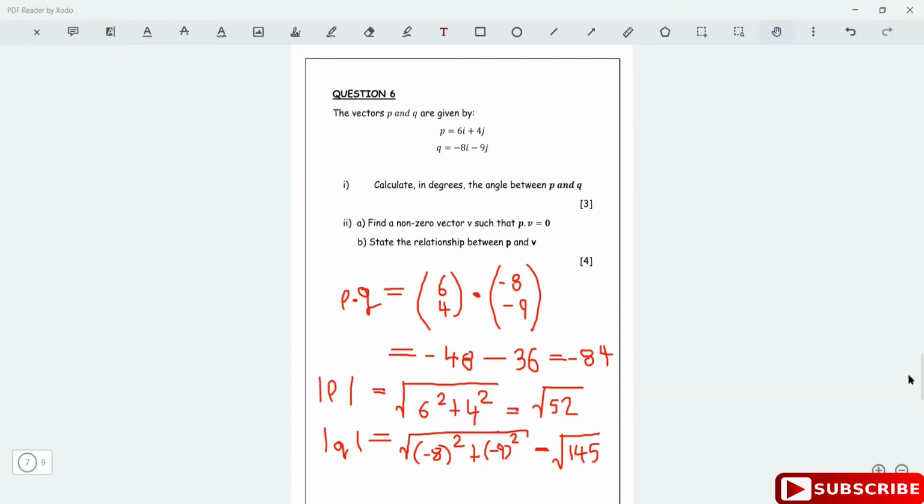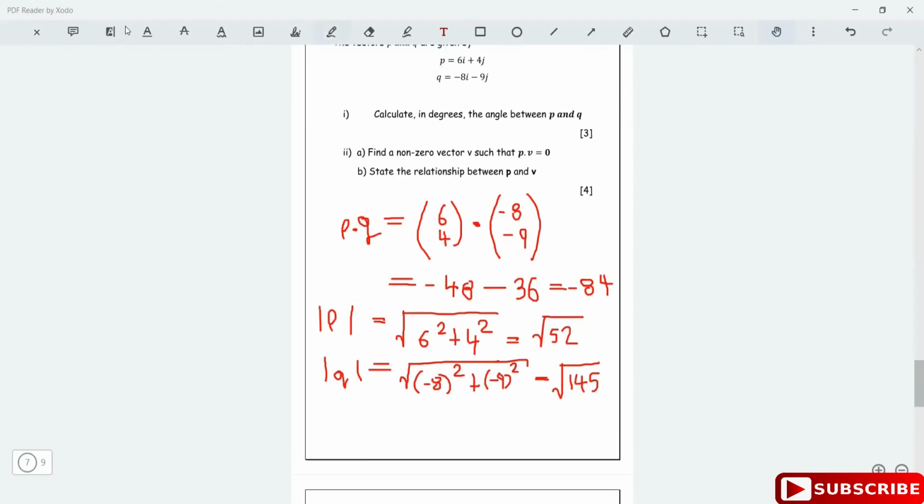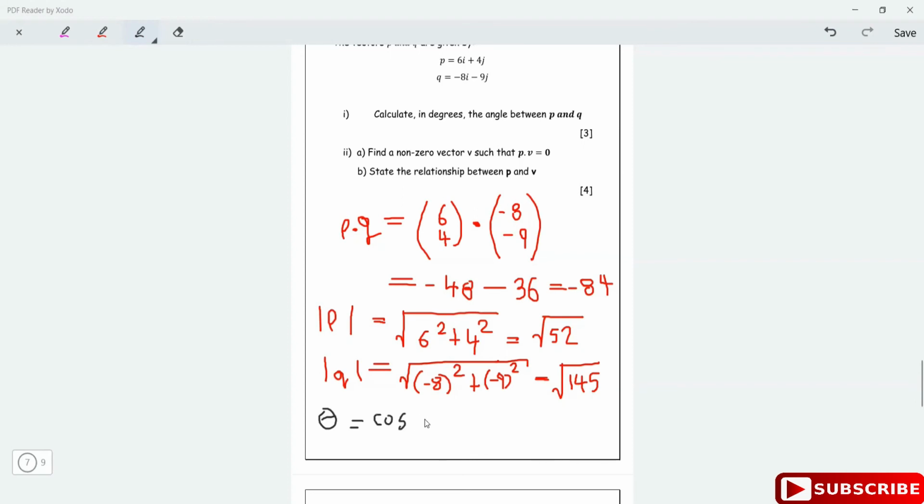So now we can find the angle. To find the angle between P and Q, I'm just going to call that theta, for simplicity. So theta is equal to cosine inverse of P dot Q, which is minus 84, over the magnitude of P, which is the square root of 52, times the magnitude of vector Q, which is the square root of 145.